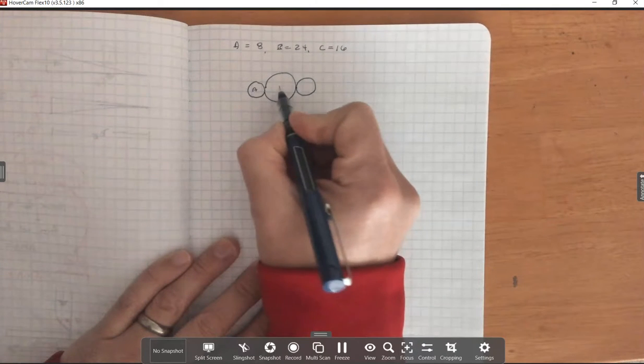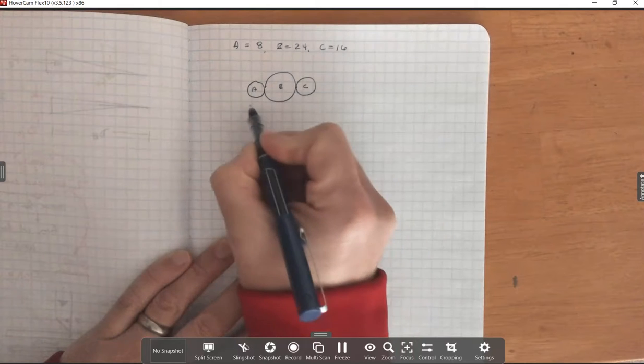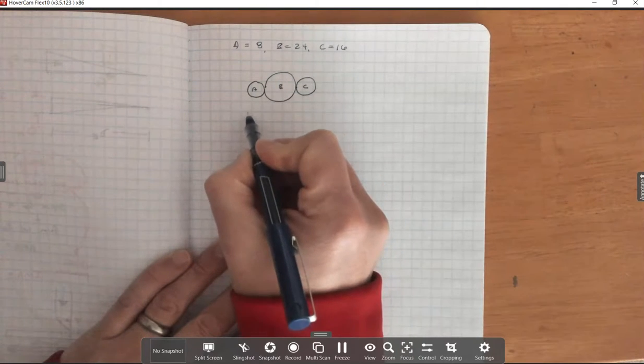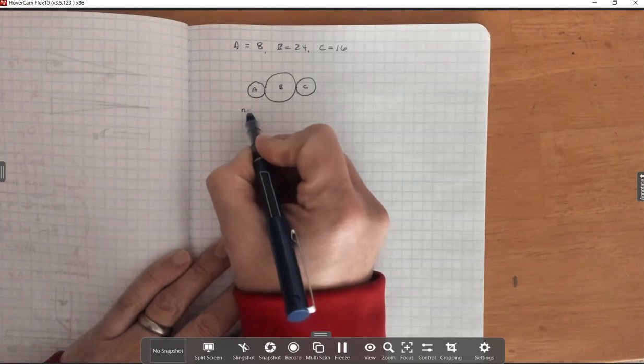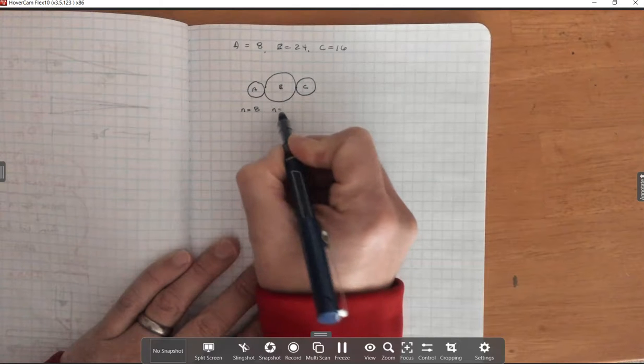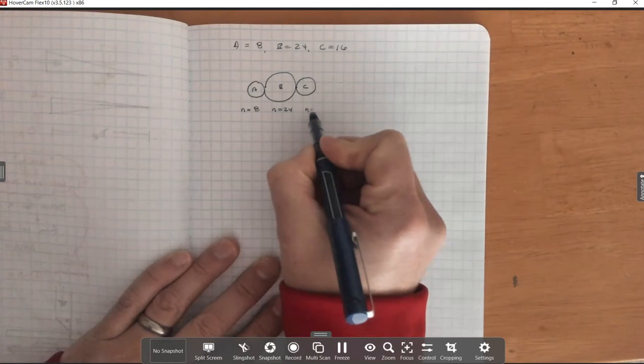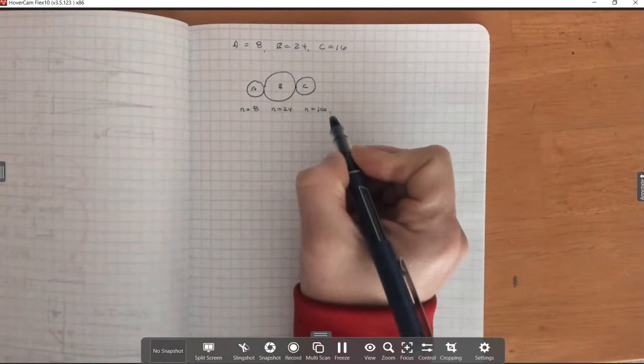So we've got A, B, and C, and we could write n equals 8, n equals 24, and n equals 16.